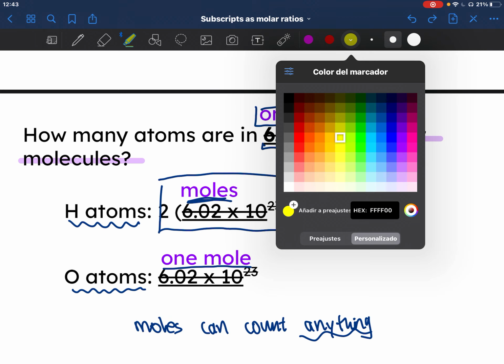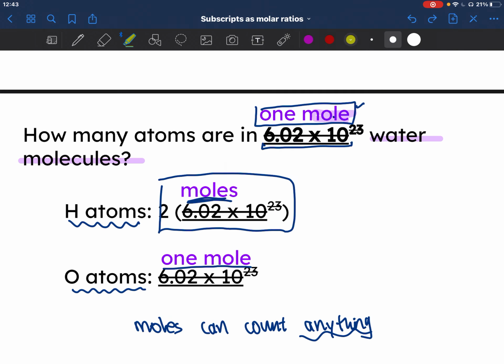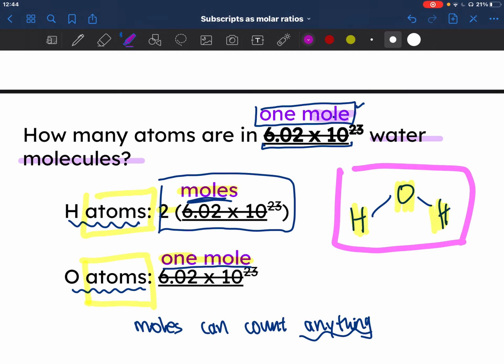And then when we count the individual atoms, we're counting 2 moles or 1 mole of atoms, not the whole molecule. So we're focusing in on the individual atoms. And then in the problem, we were counting entire molecules.